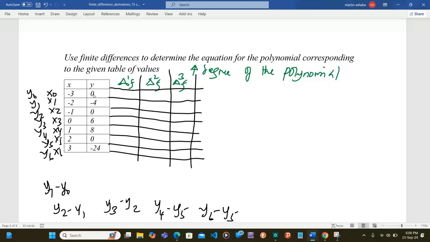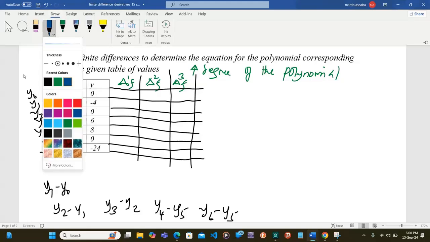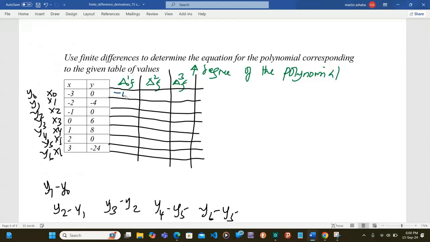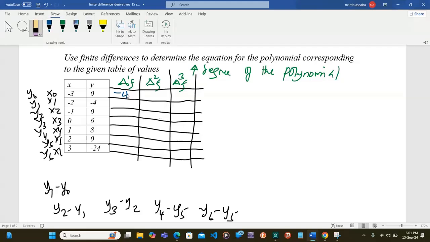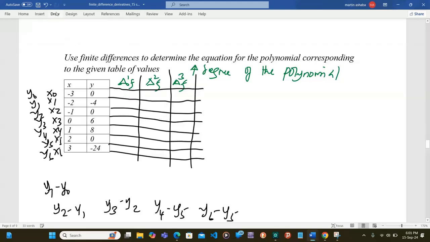-4 minus 0, I get -4. So I write my answer down here. Whatever I get, I write it here.